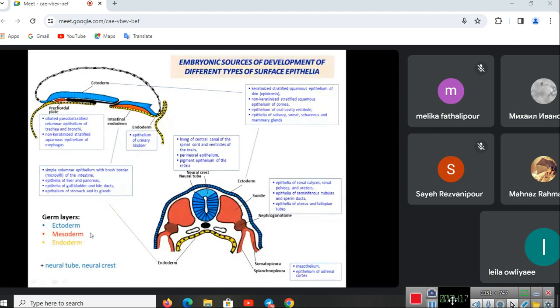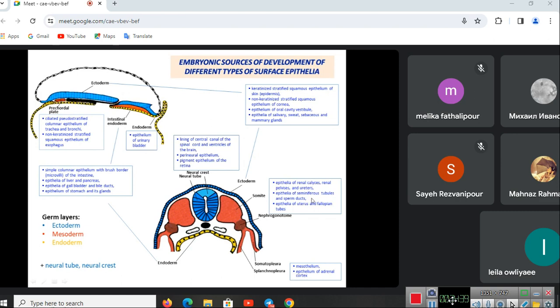Mesoderm gives also the epithelia. So epithelia of renal calyces, renal pelvises, ureter, epithelia of seminiferous tubules and sperm ducts. It means the epithelia of urinary and reproductive system. Renal, it is about kidneys.